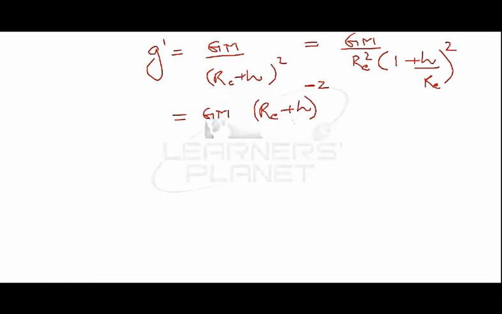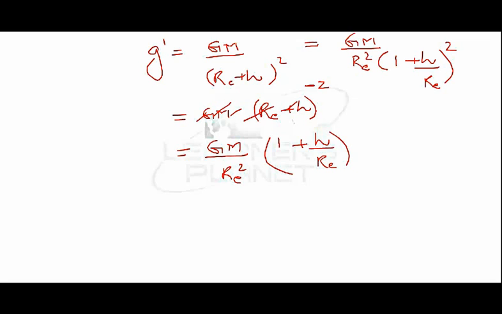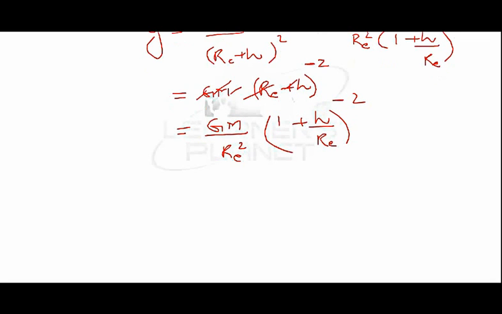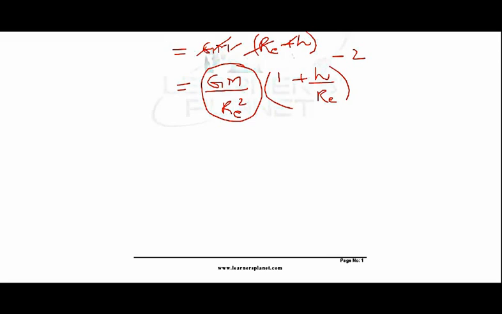Okay friends, similarly, instead of writing this equation, we can directly write that this will be GM upon Re square into (1 plus h upon Re) raised to the minus 2. Now what do we know? GM upon Re square is the acceleration due to gravity on the surface of Earth, which we know is equal to g, whose value is 9.8.